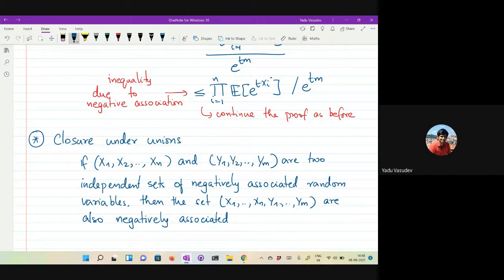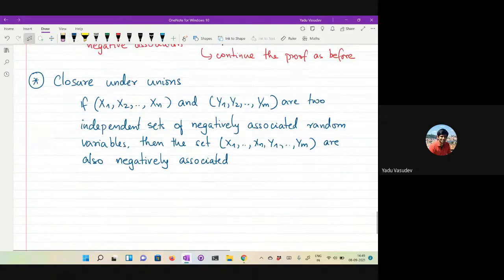And how will you see this? It's not very hard. You basically go to the definition, right? So what you do is say you have two sets I and j, right? So you take I and j, which are subsets of 1 to n union m.